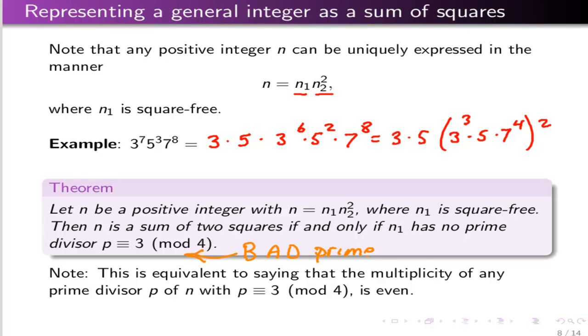Those are the primes that can't be represented as sums of two squares. So note, an equivalent way of saying this is that the multiplicity of any prime divisor of n that's congruent to 3 mod 4 must be even. So it's okay if those primes are sitting in the n2 part, but you don't want any of those primes sitting in the square free part.